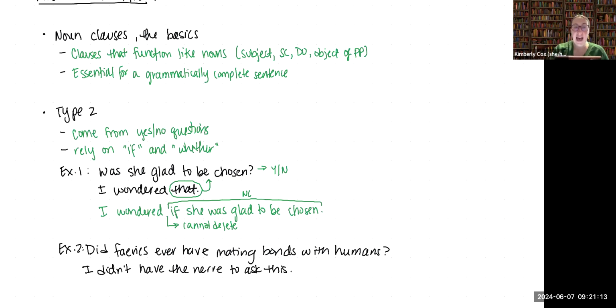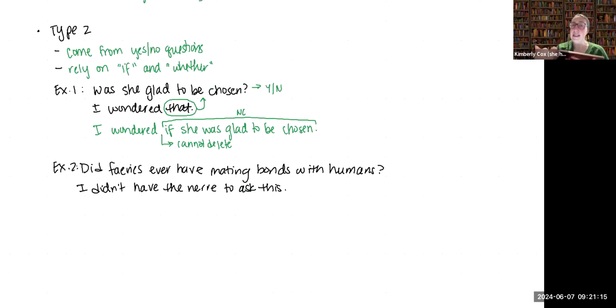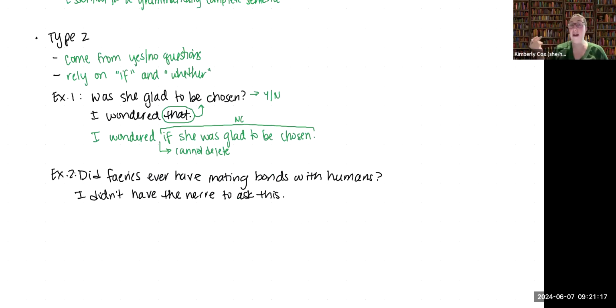Let's take a look at a second example. Did fairies ever have mating bonds with humans? I didn't have the nerve to ask this. So once again, in this example, this refers to this entire question, which is, once again, a yes/no question, right? We'd say yes or no to that question.